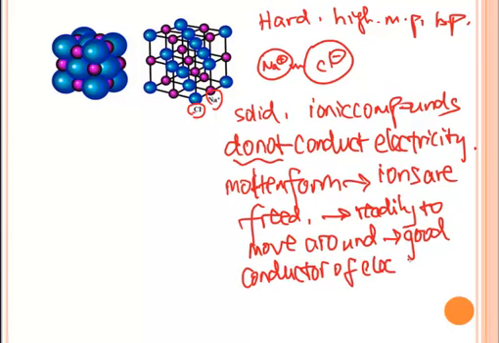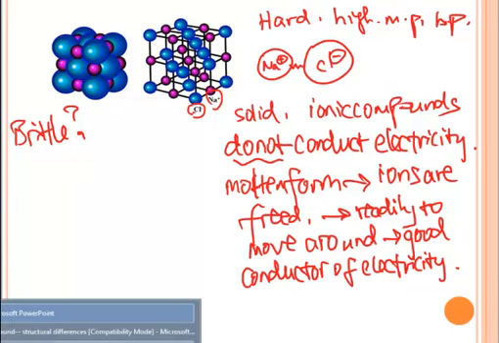Okay, so then what about the other property, why it's brittle? I want to show you another sequence that some other folks put together. I thought it's very useful to understand that.